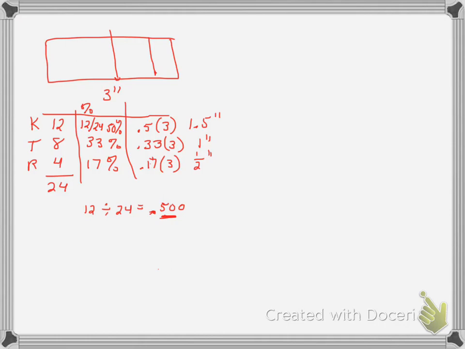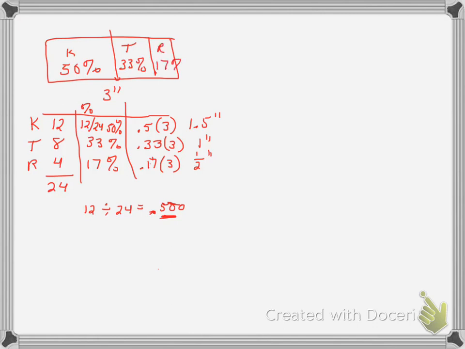How do you think you'll need to label it? Same as before. Kathy and the percentage is 50%. Then Tom is 33%. And then our last guy, Ryan, is 17%.